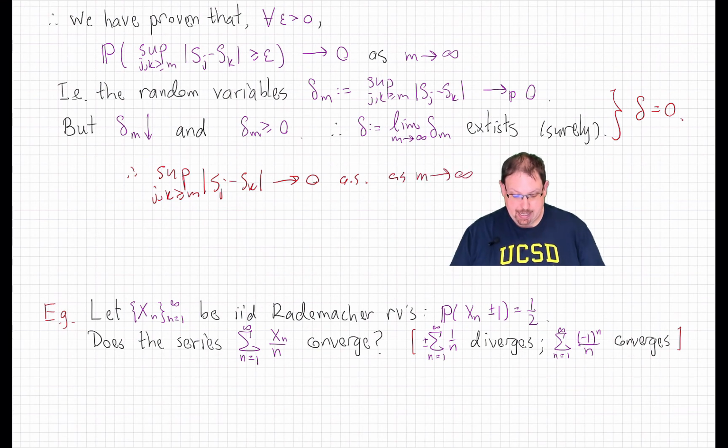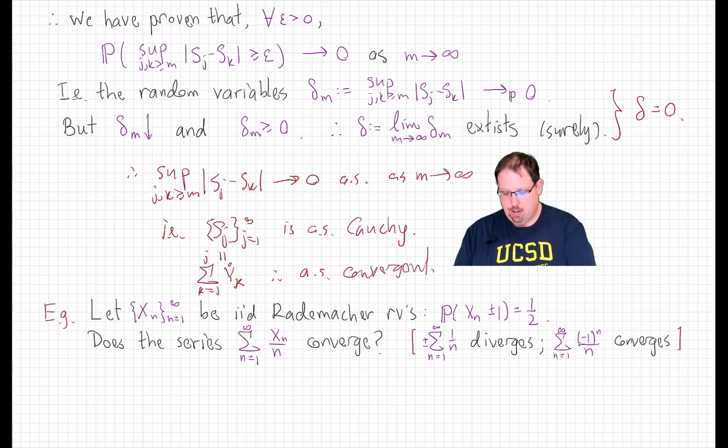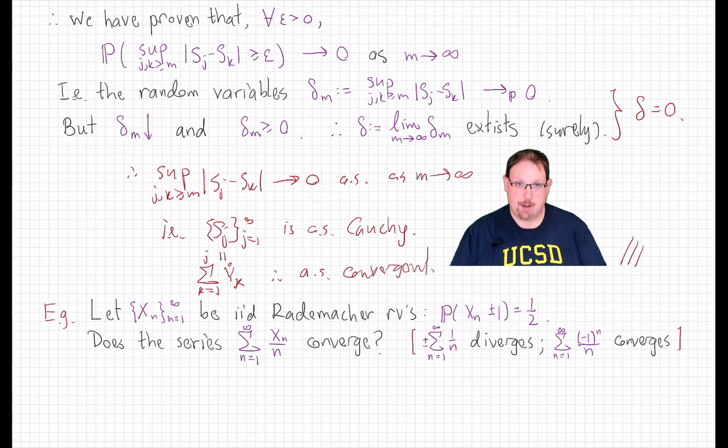Well, that is exactly to say that Sj minus Sk goes to 0 almost surely as long as j and k both go off to infinity, i.e. the sequence Sj is almost surely Cauchy, and by the completeness of the real line, it follows that that sequence, which is the sequence of partial sums, k going from 1 up to j, of centered Yk, is almost surely convergent, which is exactly the conclusion of Kolmogorov's convergence criterion.